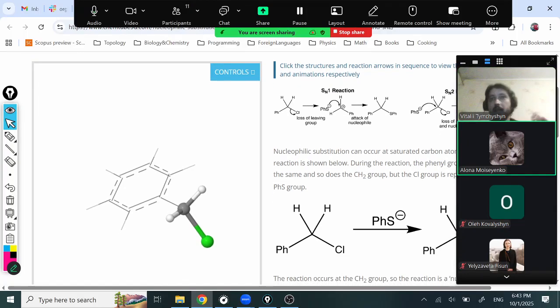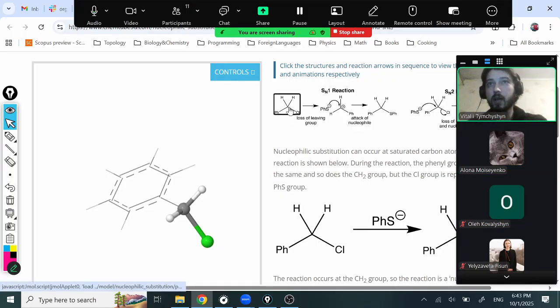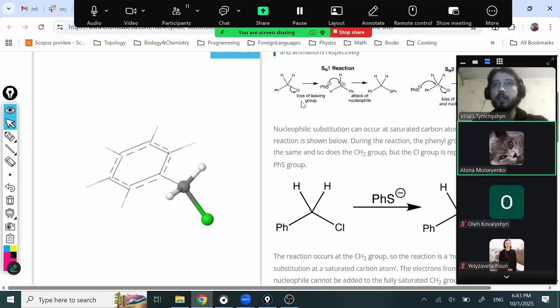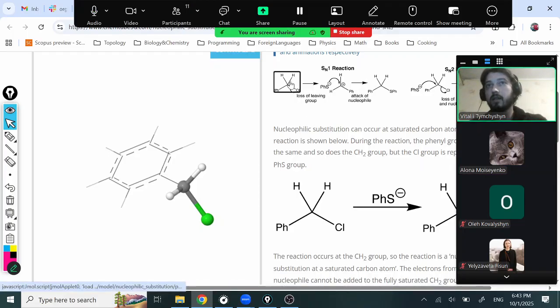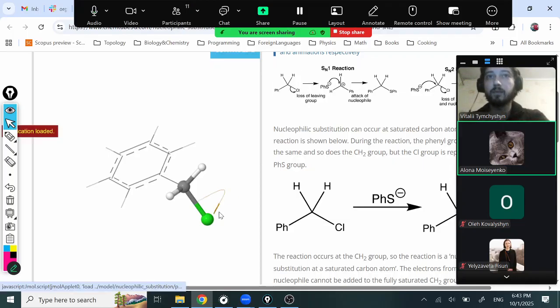So this is SN1 reaction. Once again, the first step is the leaving of the leaving group. So here we see a good leaving group. It's a chlorine, electrons from the bond can move to the chlorine, and you will create a chlorine anion.